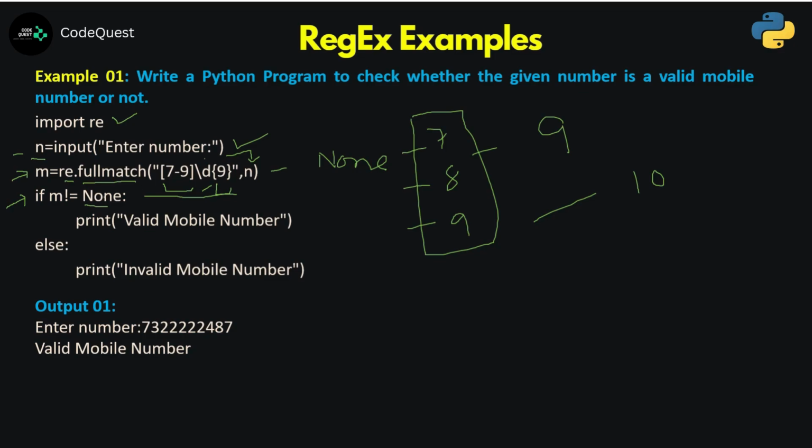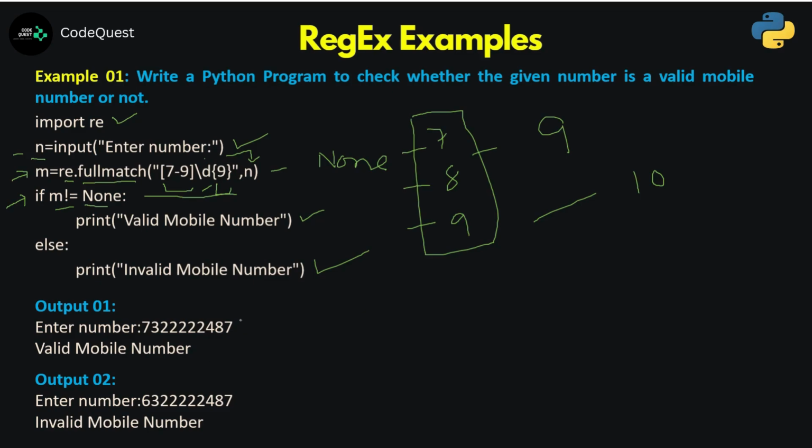If this is true, then we display that yes, the mobile number is valid. In case I have given a wrong number which does not match this particular pattern, then it goes to the else part and I'll get the result: invalid mobile number.